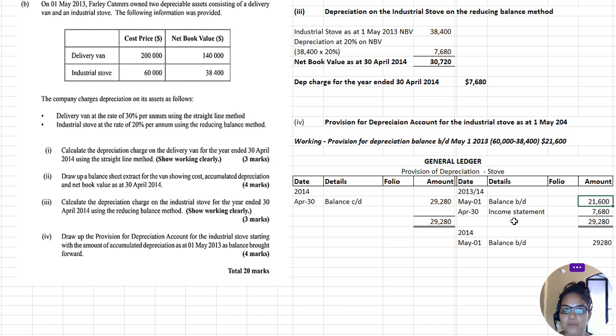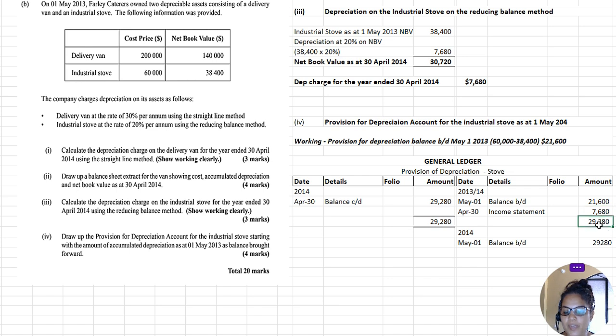This is the amount that will be recognized in your income statement for the financial year. So the depreciation charge for the year, as you calculated here, was $7,680. At the end of April 2014, which is the financial year end, the charge to your income statement would be the depreciation for the year, which was $7,680.